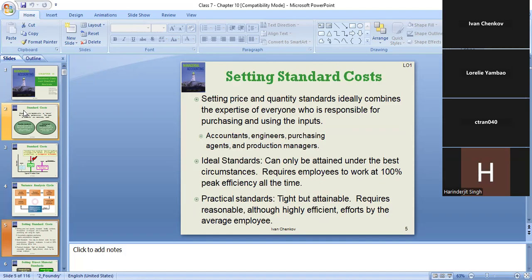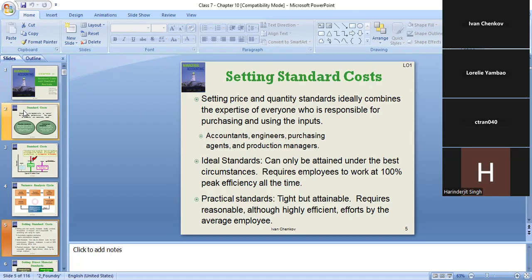So how are we going to set the standards? We're going to have standards, obviously, for the price, since the cost is a mathematical function of two variables, which are the cost per unit and the number of units. We have to have a standard for the price, and we have to have a standard for the quantity.